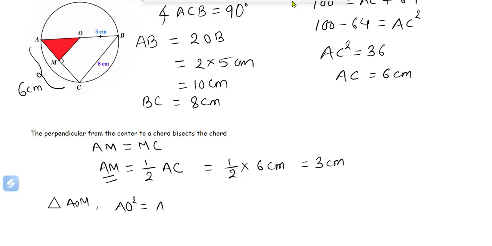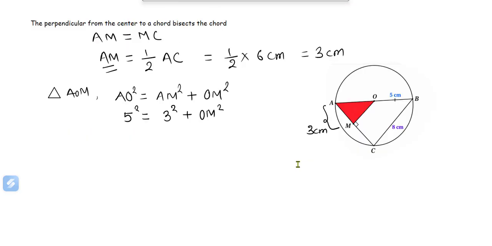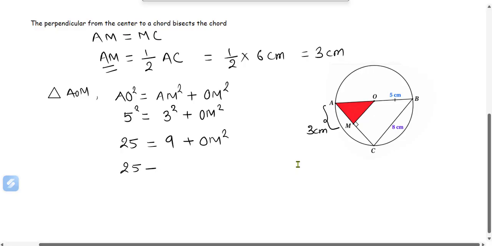AO squared is equal to the sum of squares of the other two sides. AO is 5, so 5 squared is equal to AM, which is 3, 3 squared plus OM squared. That means 25 is 9 plus OM squared. Subtract 9 from both sides, and OM squared is equal to 16. Simply, OM is 4 centimeter.